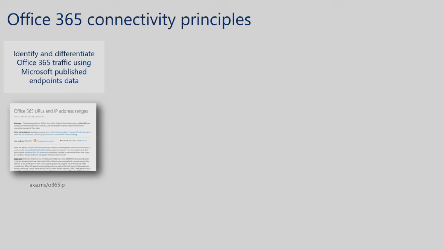So to walk through them, the first one is identify and differentiate Office 365 traffic. So we have a URL and IP page, which is updated roughly once a month on a set schedule. And that outlines the endpoints required per service, whether they live on Microsoft's infrastructure or not, and we provide IPs for those endpoints where we can.